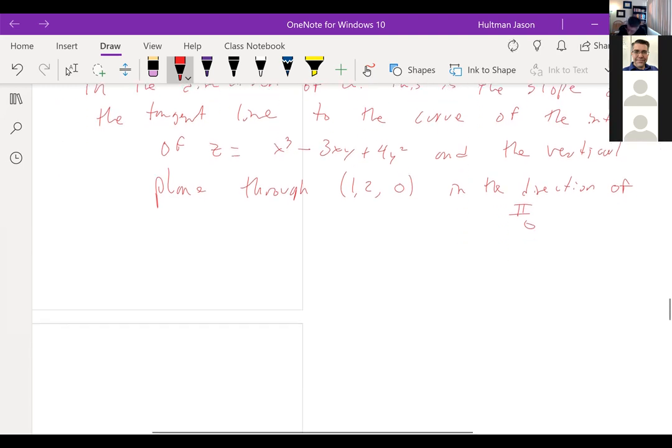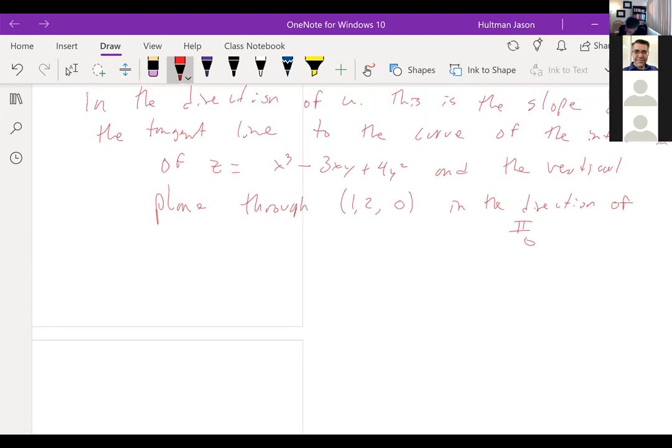So it's saying, look, we have a vertical plane here. Again, we have this surface z, and we're going out in x and y. Let's say we go out 1 in the x, 2 in the y, which places us here, right? And so we have a vertical plane.